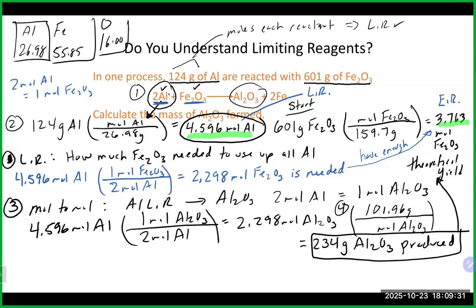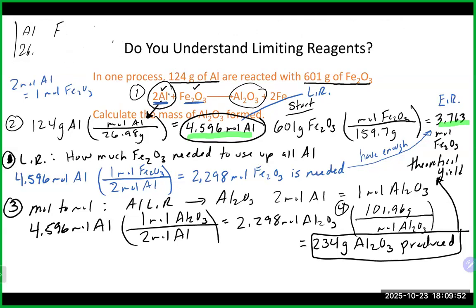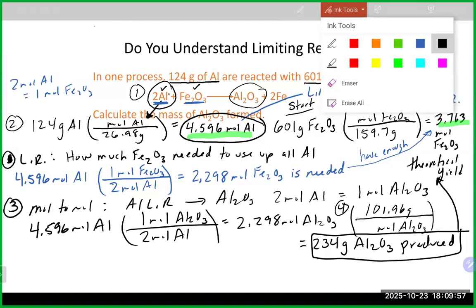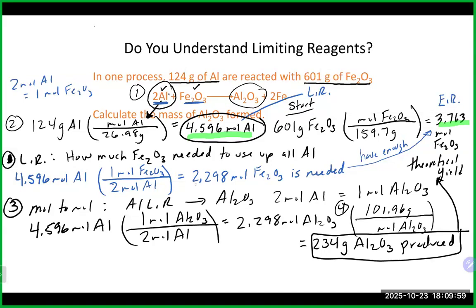Now, as we also talked about, a very common question is how much of your excess reagent would be left over. And you could also calculate that. So if we wanted to know how much of our excess reagent was left over, in this particular case, we're actually lucky because we chose correctly. We don't necessarily have to go back and do another calculation. We know that to use up all of our limiting reagent, based on the calculation we did earlier, we would need 2.298 moles of that iron 3 oxide.